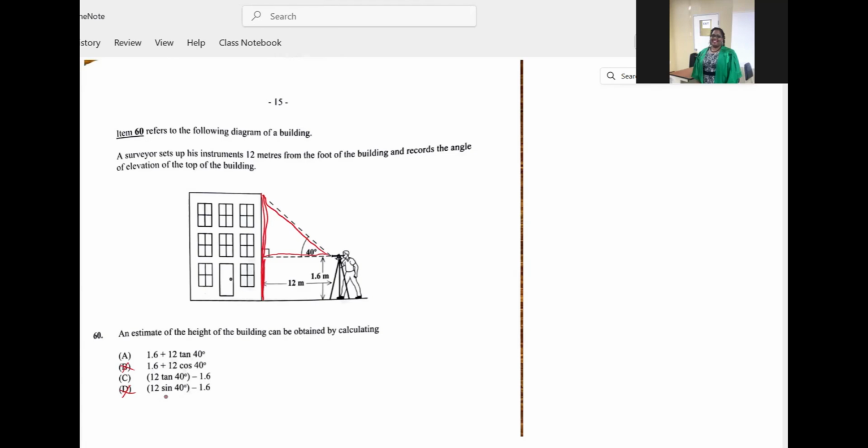So you're looking for 12 tan 40, right? Plus the 1.6. Because you're not going to take away 1.6, you're going to add it. 12 tan 40 is what will give you the height of the triangle. And you have to add in the height to get the total height of the building. That's the end of this paper.